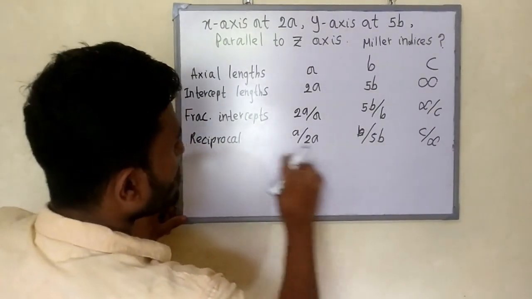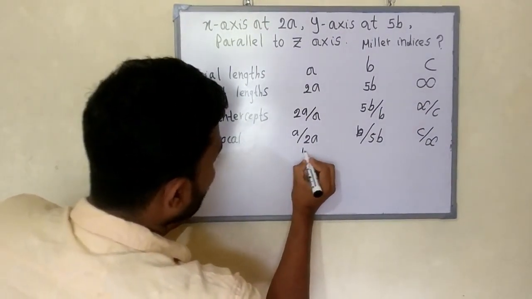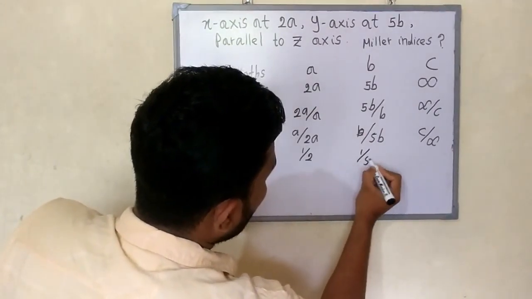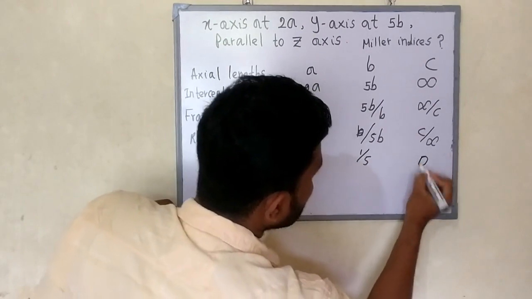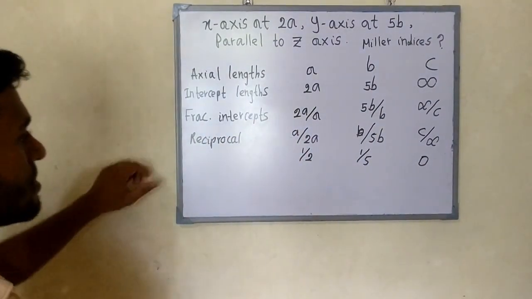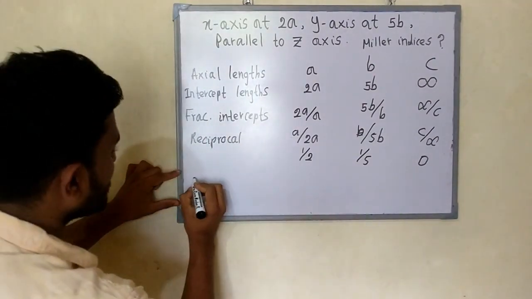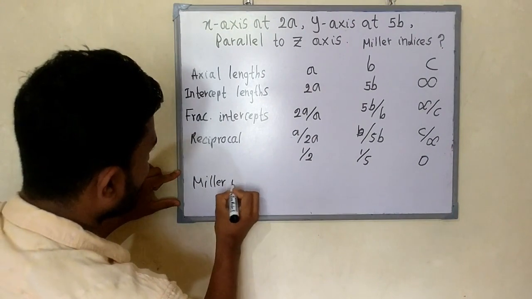From that you can get the values 1 over 2, 1 over 5, and this is 0. So from these values you can simplify into Miller indices.